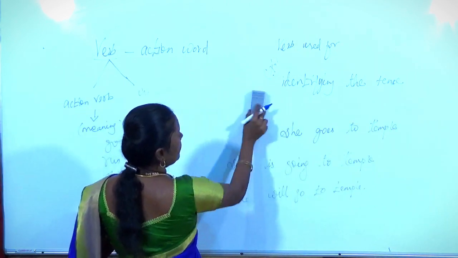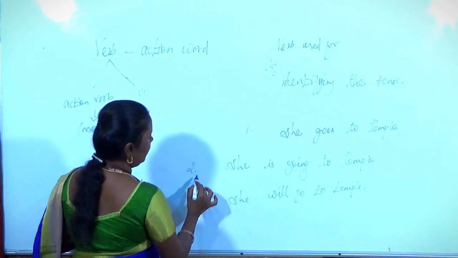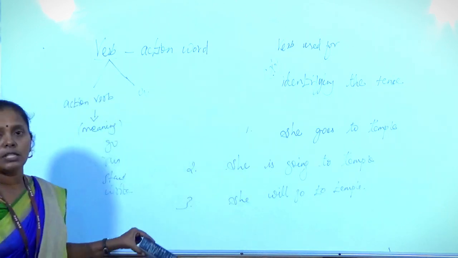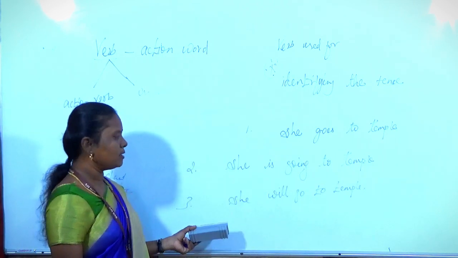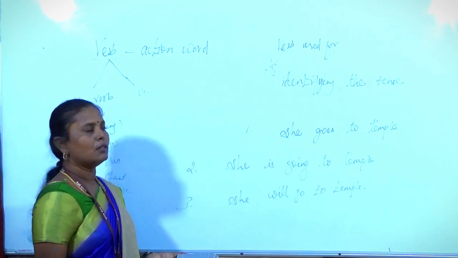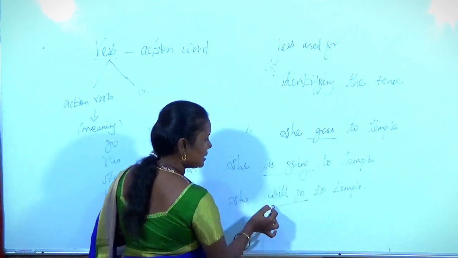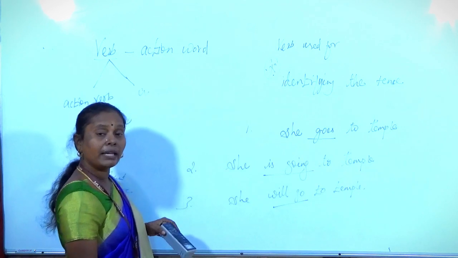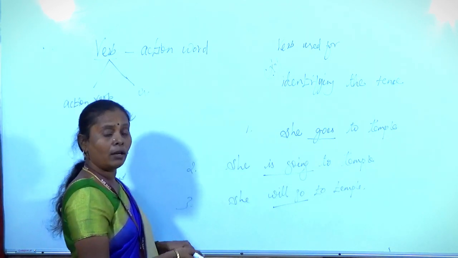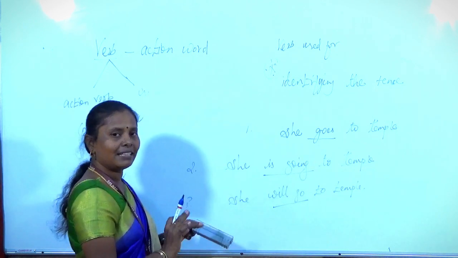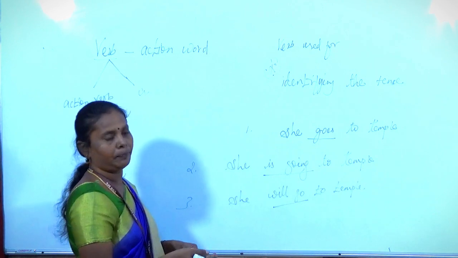So look at these examples. She goes to temple. She is going to temple, and she will go to temple. So through these verbs only we can understand what action is going on, what is done, and what is going to be done.